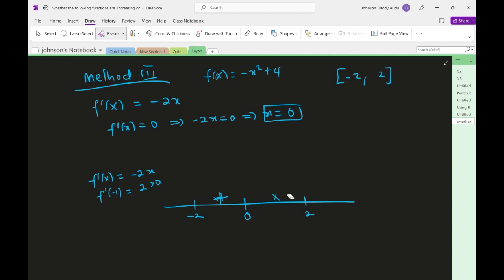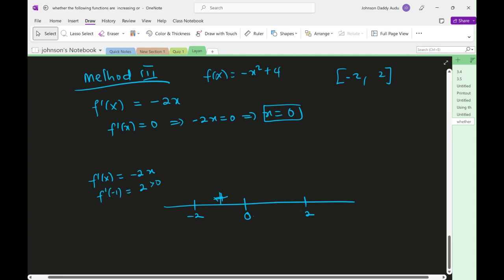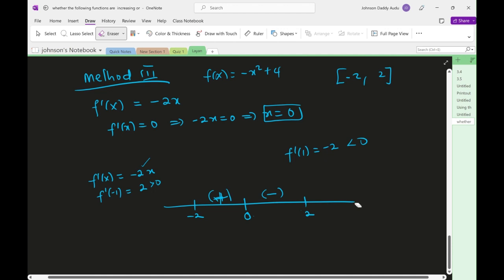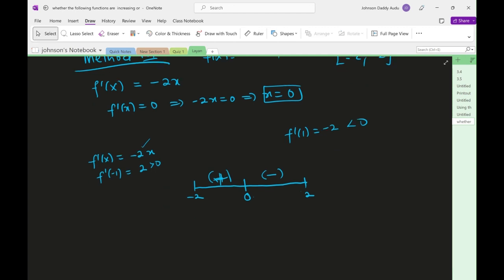Then between 0 and 2, also you need to take a number. For example, take 1. Then f prime of 1, put 1 here, is going to be -2, which is negative. So this is telling you that here is negative, while here is positive. Remember, we only have business between -2 and 2. Okay? So what does this tell us?